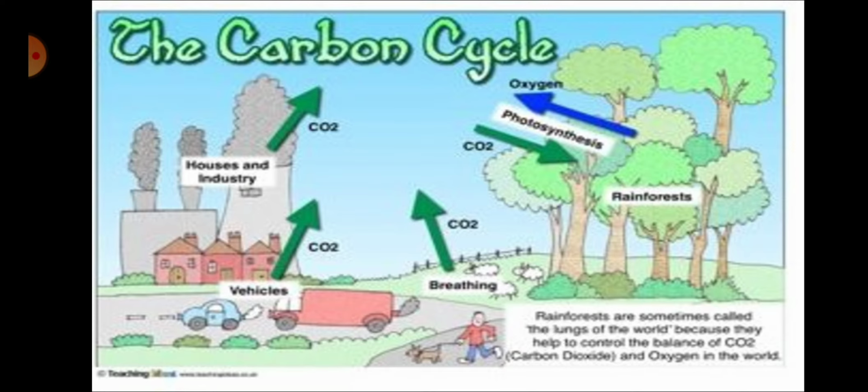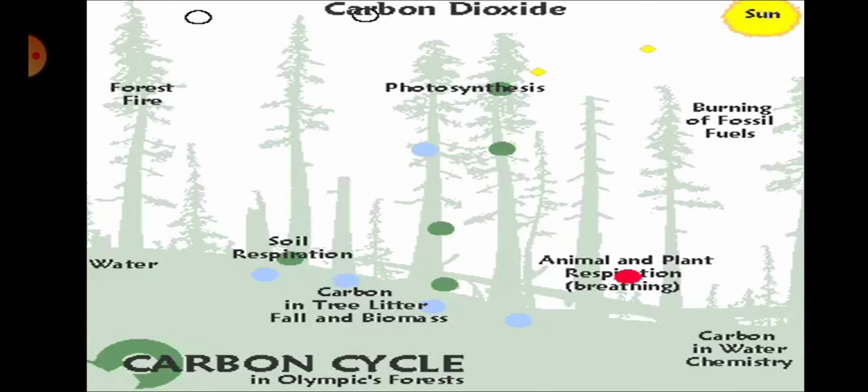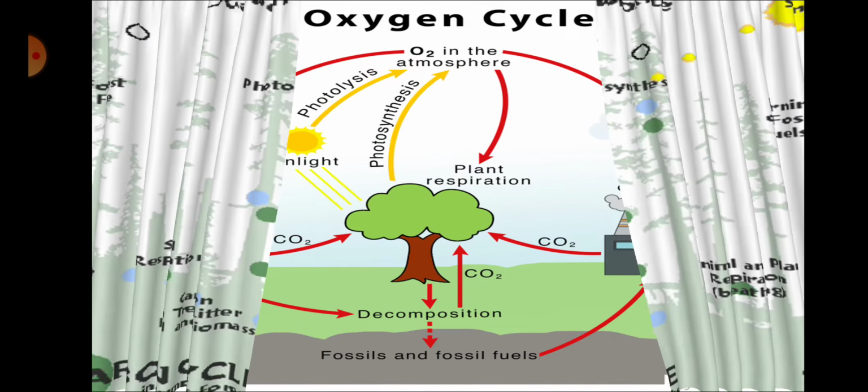Burning of coal and petroleum also leads to the return of carbon dioxide into the atmosphere. This way the biogeochemical cycle of carbon dioxide takes place by photosynthesis and respiration. These are the two reversible phenomena that lead to the carbon biogeochemical cycle.